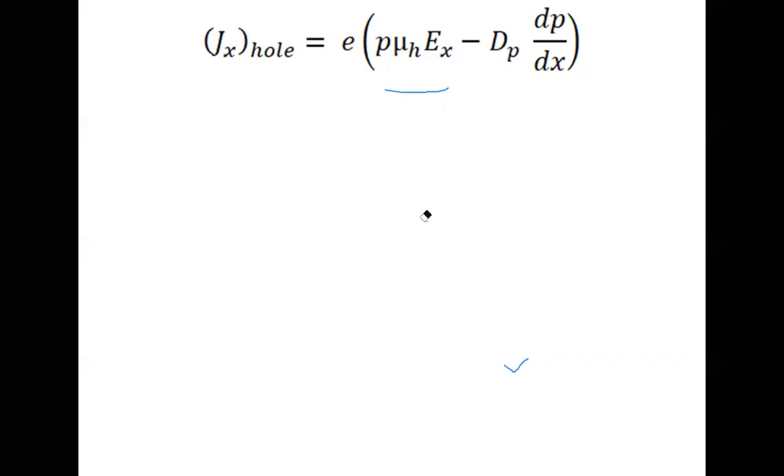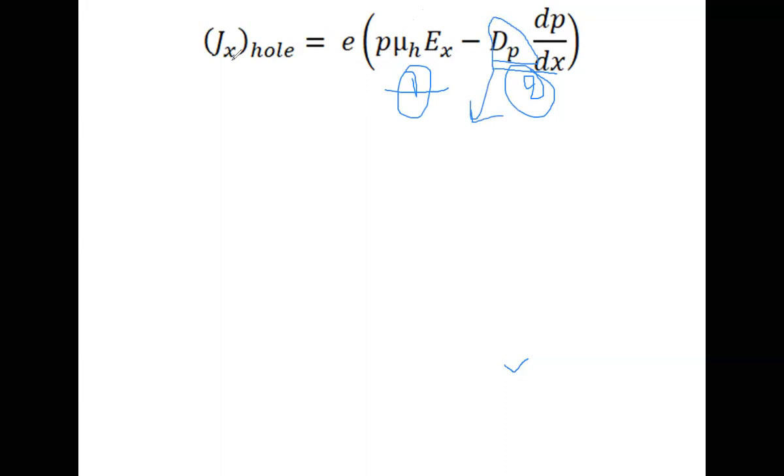We need to consider drift current of holes as well as diffusion current of holes. The first term represents drift current and the second term represents the diffusion current for holes. Here Ex represents the applied electric field, mu H represents the mobility of the holes, P represents the carrier concentration of holes, whereas dP represents the diffusion constant of holes. This we have seen in our previous class.